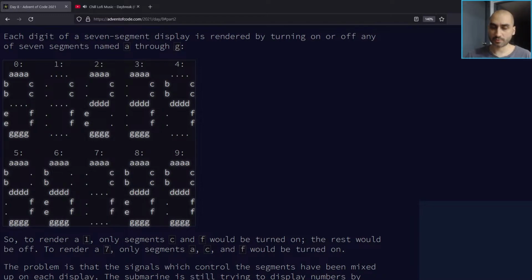We just need to distinguish between 2 and 5.